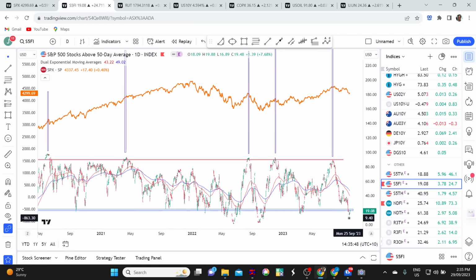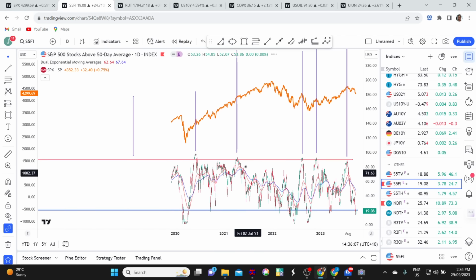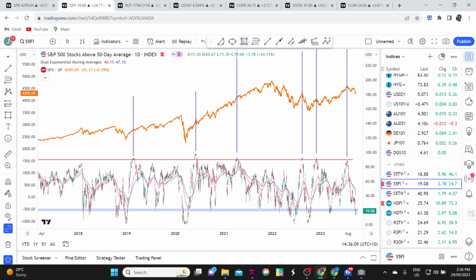You now see that this indicator has cycled to the lower end of the range, and the opposite plays true when we get to below 20% of stocks above that 50-day moving average, as we are now. It tends to be associated with rebounds in the market. So if I can just compress that up a little bit and quickly show you what I mean.